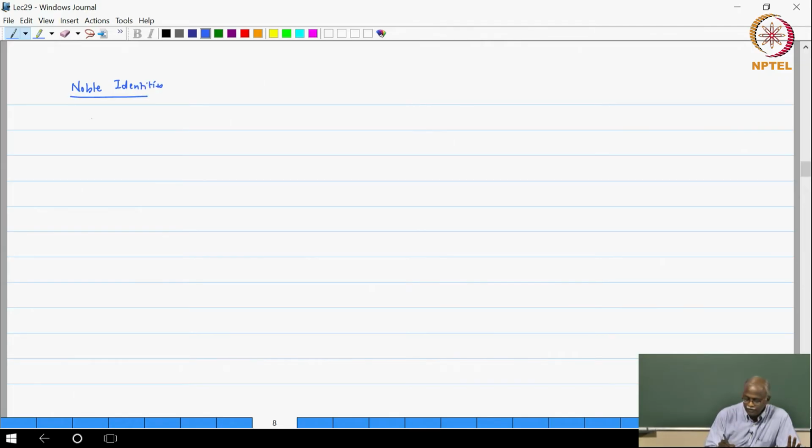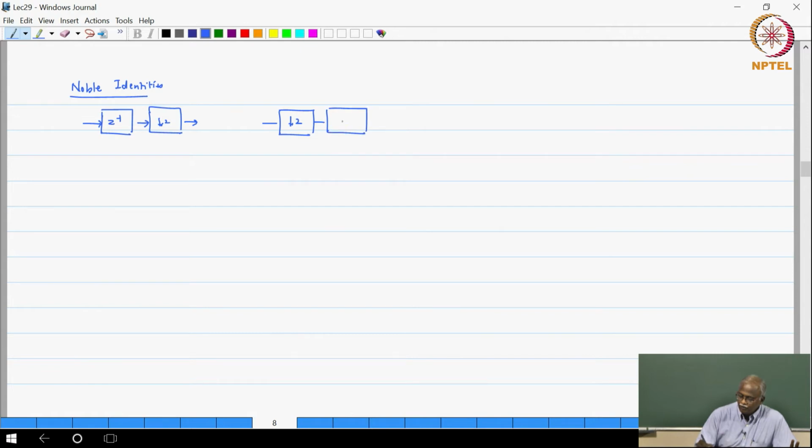So for example, this is not permitted: z^{-1} followed by a downsampling by a factor of 2, though mathematically it is downsampling by a factor of 2 followed by z^{-1/2}. No, this is not allowed.